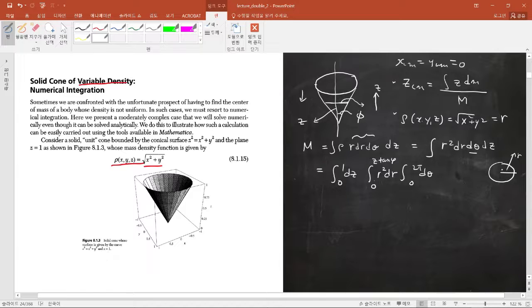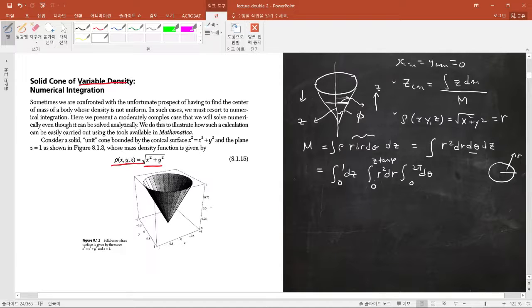So this integration is independent of r and z, so 2 pi. And when you integrate at a fixed z, the radius r goes from 0 to this distance, which is z tangent phi.